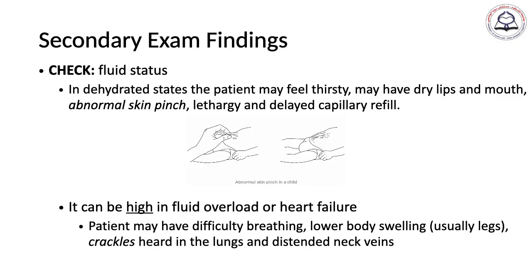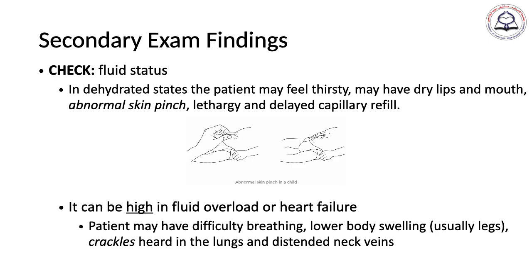Difficulty in breathing can happen in both patients with dehydration and fluid overload. Patients with dehydration usually feel thirsty, have dry lips and mouth, abnormal skin pinch, lethargy, and delayed capillary refill. These patients, because of shock and acidosis, can have tachypnea and shortness of breath.